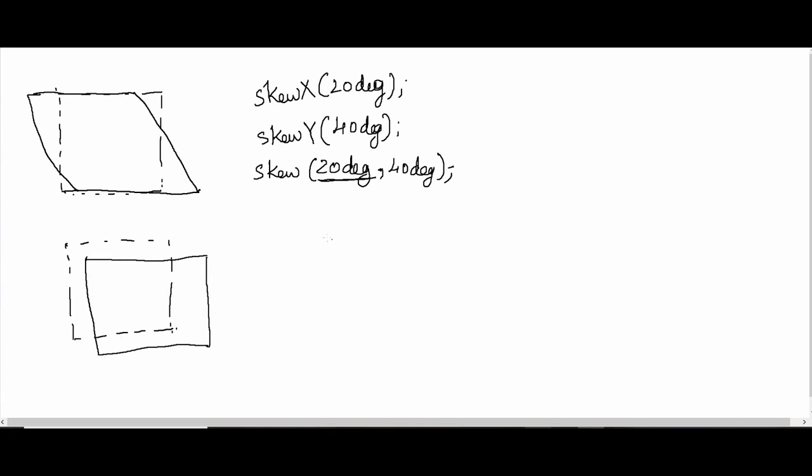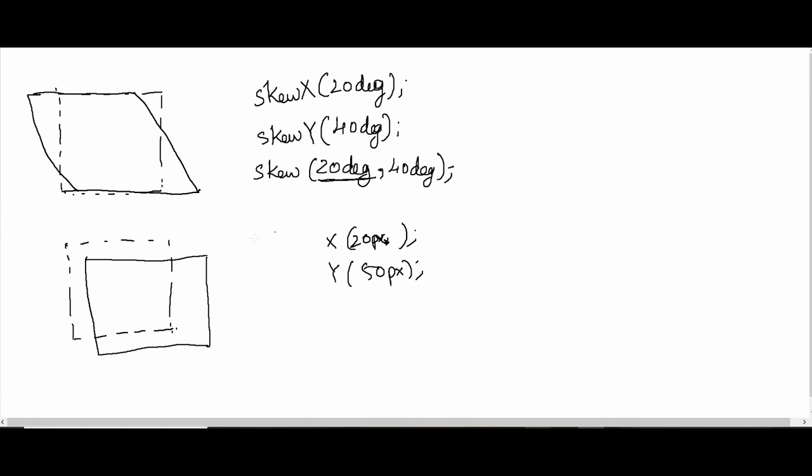This translate also comes with x-axis, y-axis and both. I can give the values in the bracket. Here we want to mention it in pixels, 20 pixel. For x I want to give only one value, so 20 pixel. For y, I can give 50 pixel.